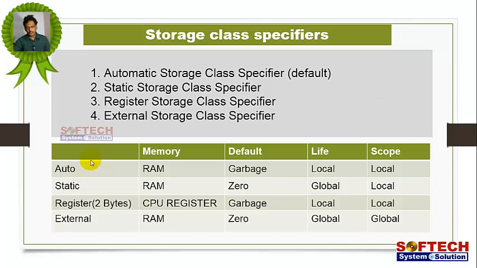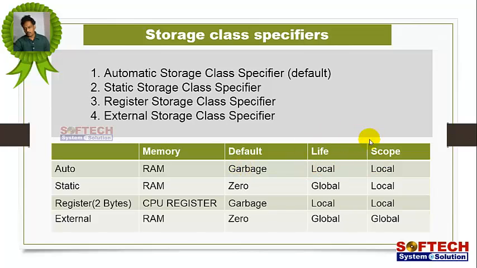Auto: if we declare a variable using the automatic storage class specifier, the memory is RAM. The default value is a garbage value, that is an unpredictable value. If we assign a value, that value is assigned to that location. After declaration, before assigning a value, the default value is unpredictable. If we declare as auto, that is garbage value. The life is local.